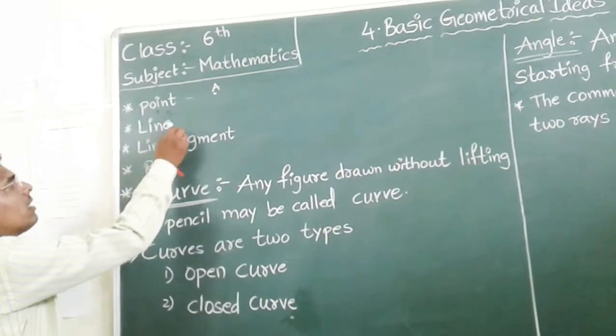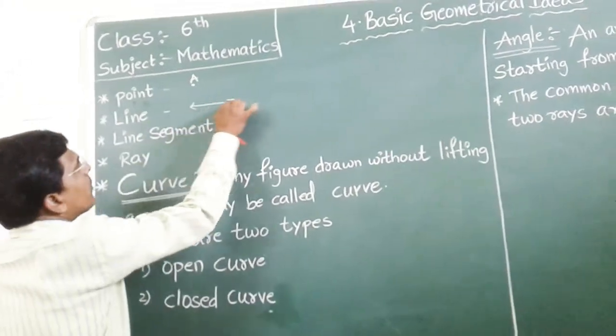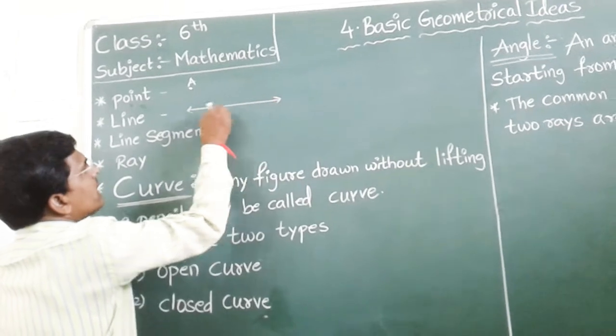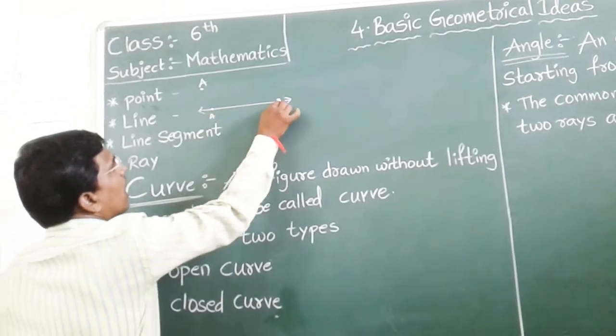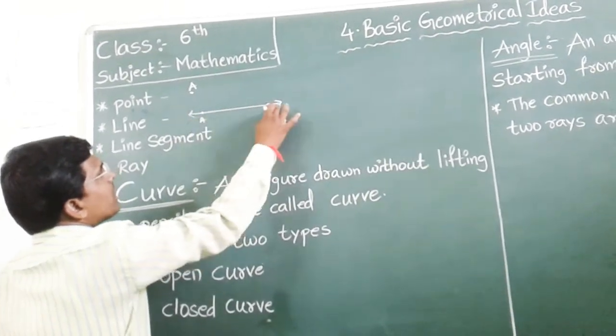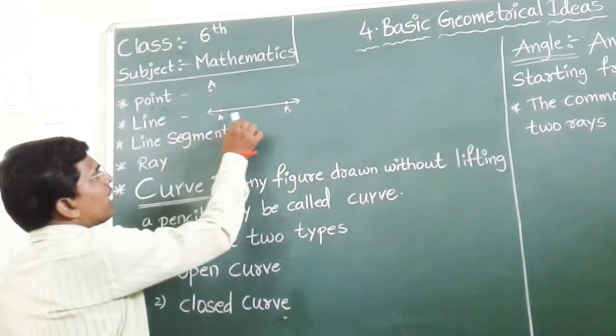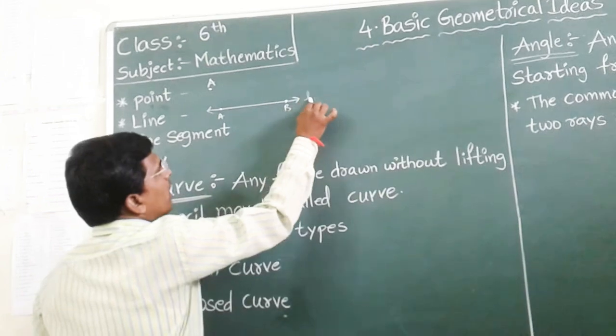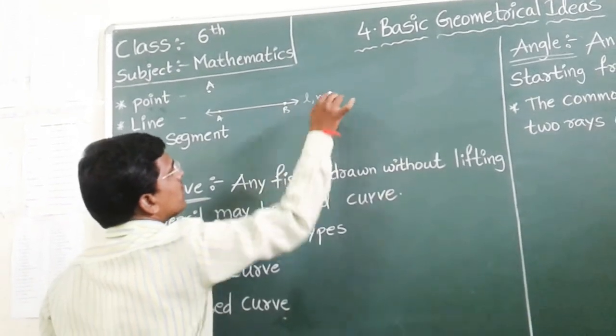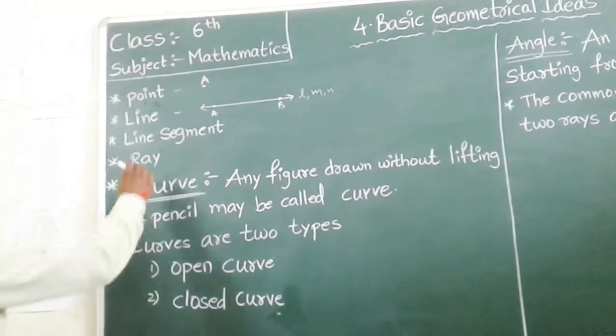Next, line. A line extends on both ends. It has no fixed length, and it has an infinite number of points on it. We represent the line as line AB, or otherwise by small letters l, m, n. Next, line segment.